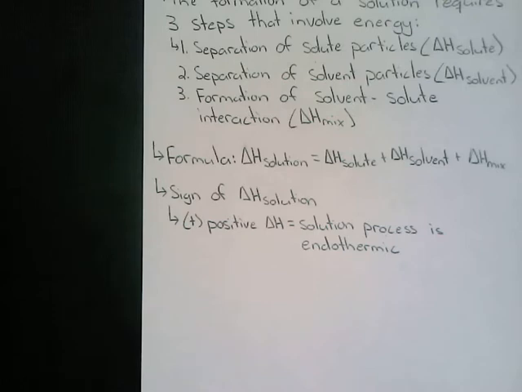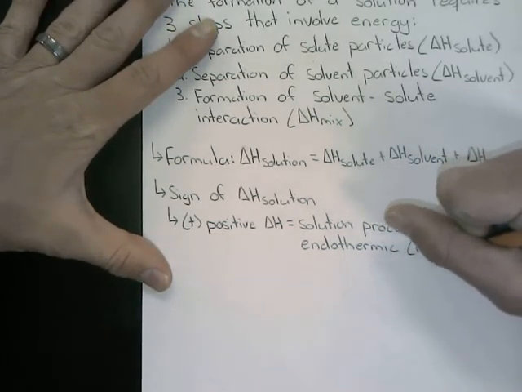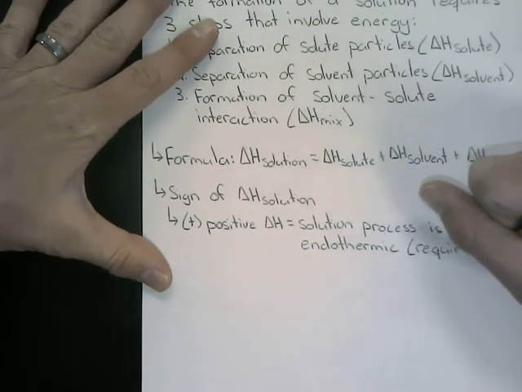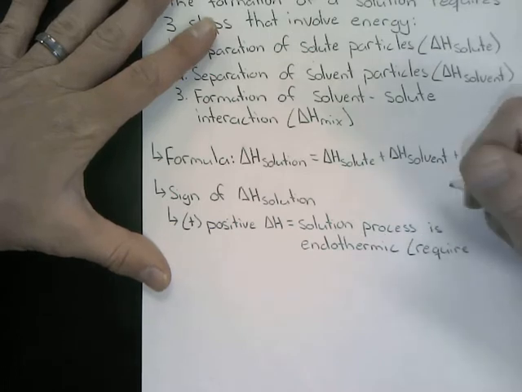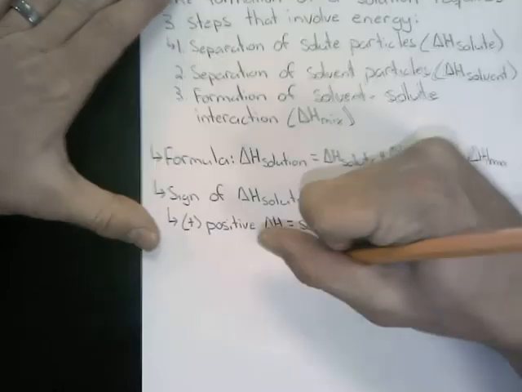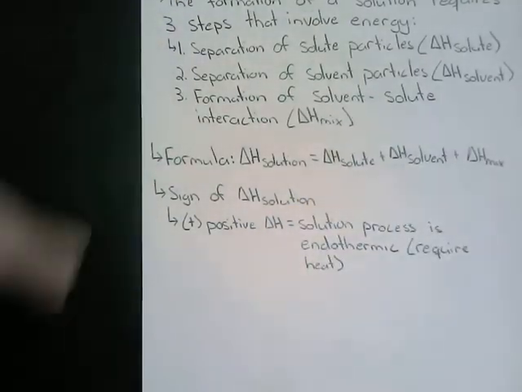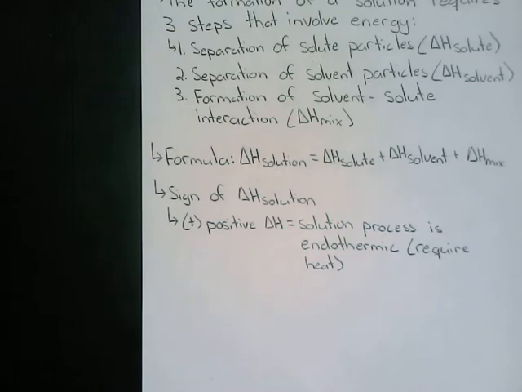And so the important thing here with a positive delta H is that to form this solution, it's going to require heat. So heat either from the outside environment, or something like a hot plate would also be considered an outside environment, is going to have to be added for that solution to occur.